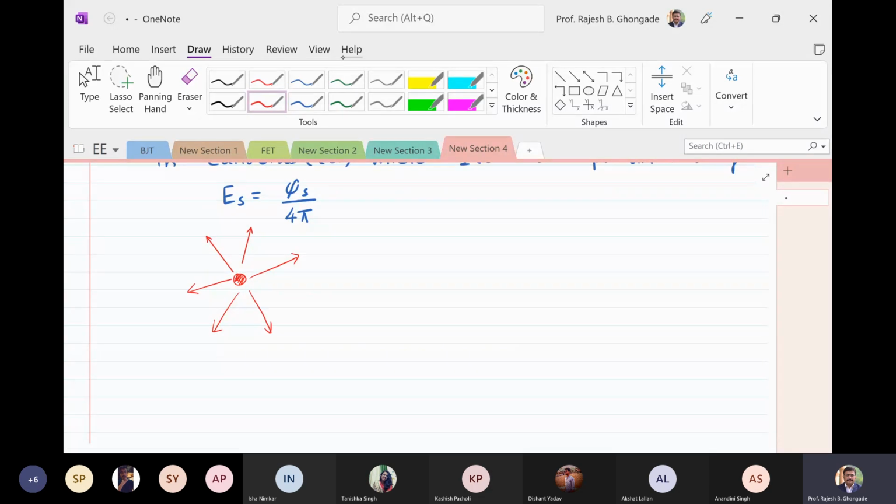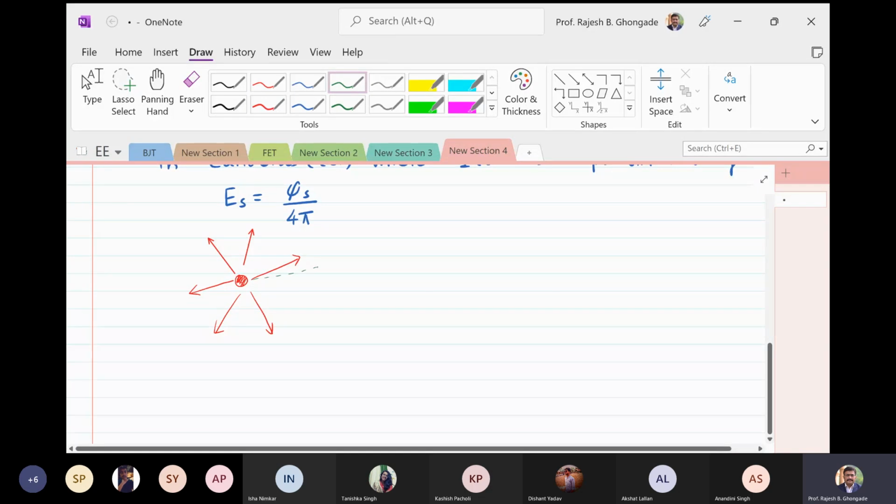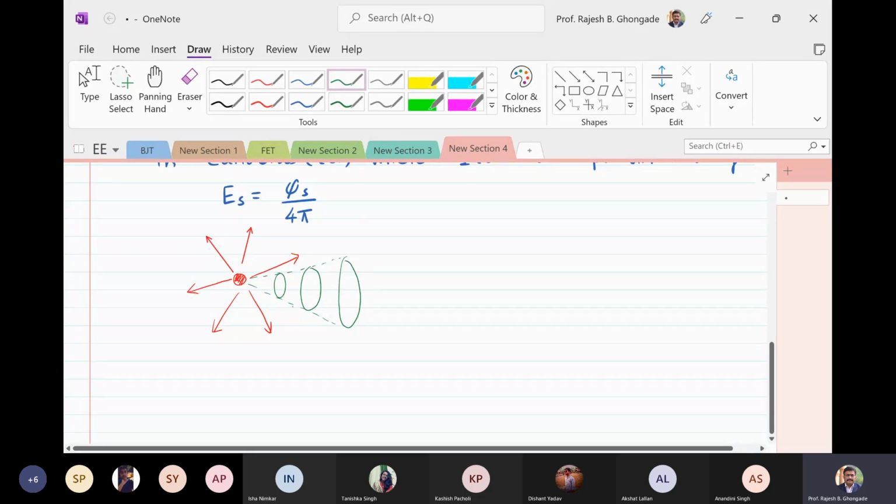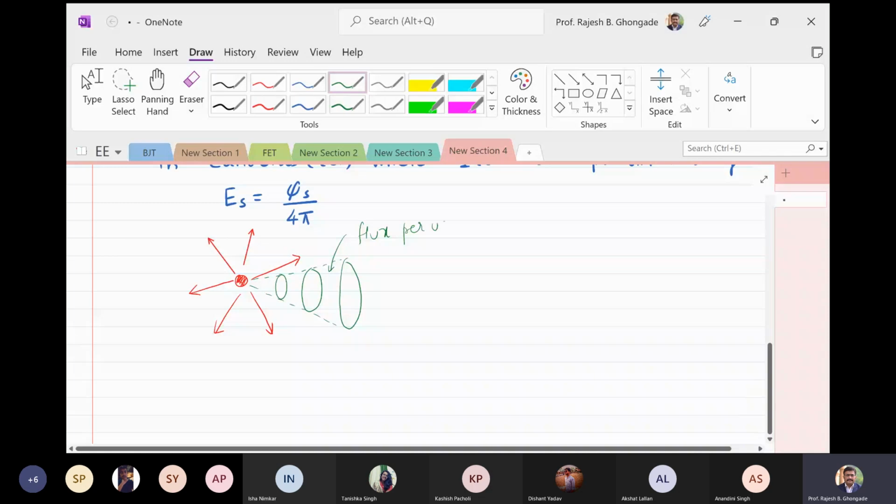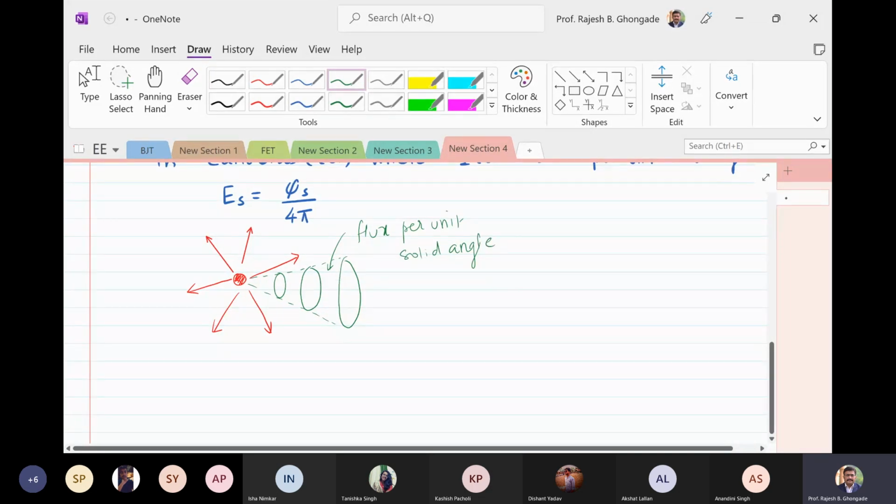And what you have is a cone of light. So this is a cone. Now this thing is called flux per unit solid angle.